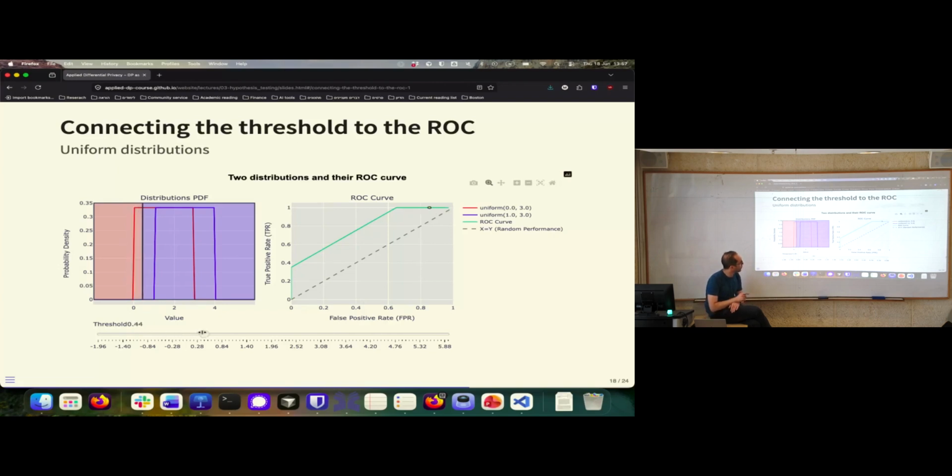Now I have a point where I'm already within the range of the red distribution, but not within the range of the blue distribution. So in other words, if I sample from the blue distribution, what will I guess?